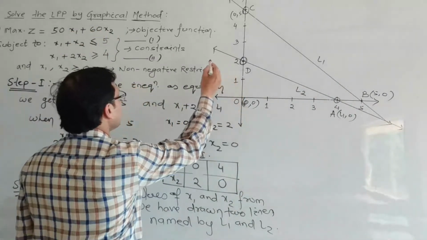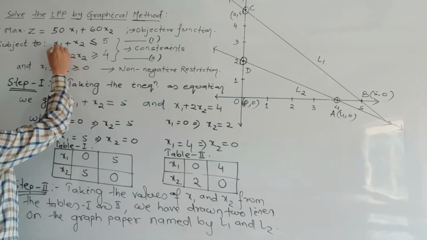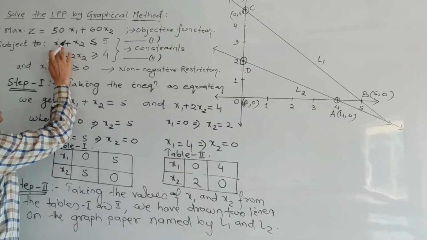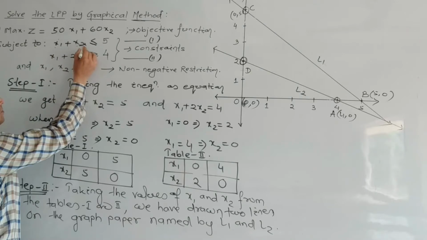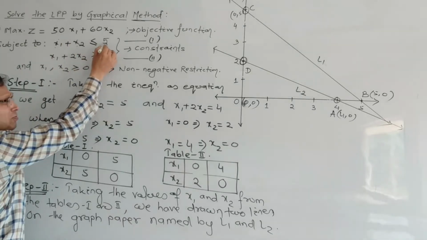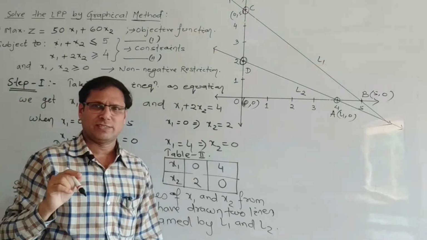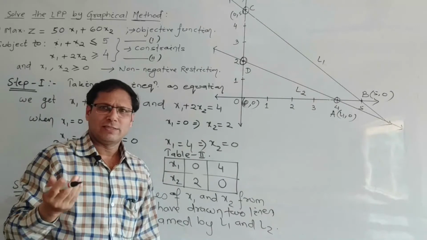You have to replace the values of x1 and x2 with 0 and 0. When x1 is equal to 0 and x2 is equal to 0, what will happen? 0 plus 0 is 0. 0 is less than or equal to 5. Whether the statement is true or false? 0 is less than 5, it is quite obvious. So therefore this is true.